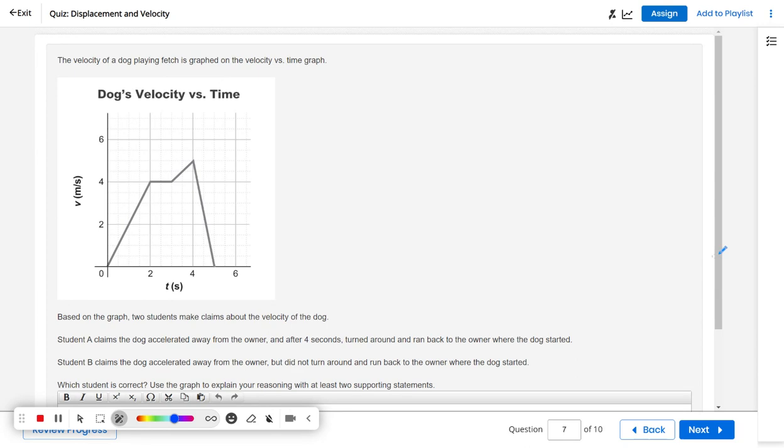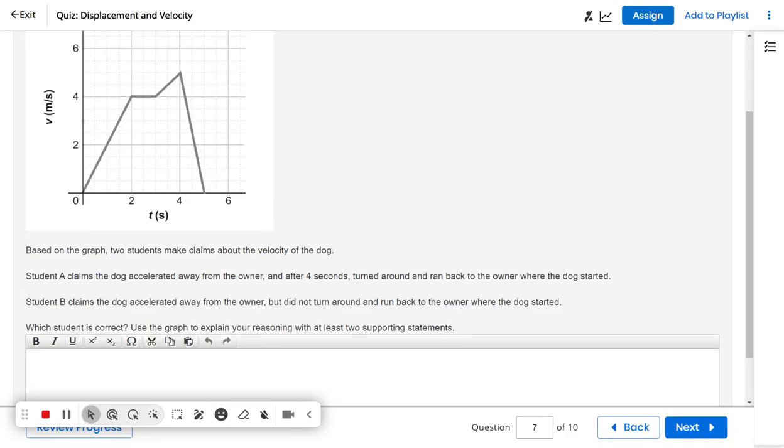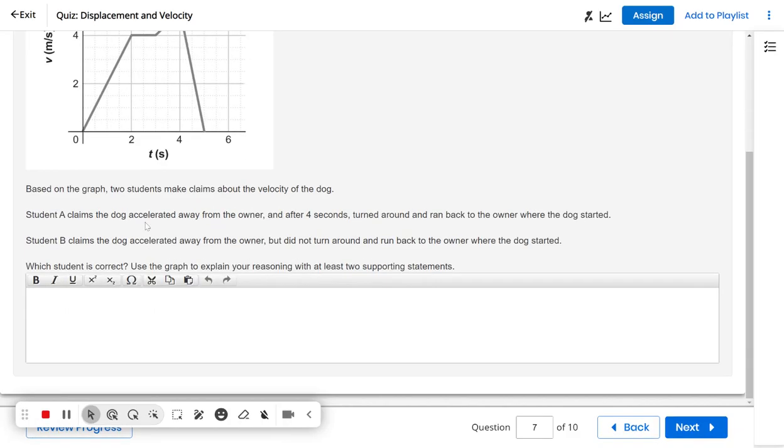Okay, let's talk about this. This one, I'm going to do by typing. Student A claims the dog accelerated away from the owner, after 4 seconds turned around, and came back to the owner where the dog started.